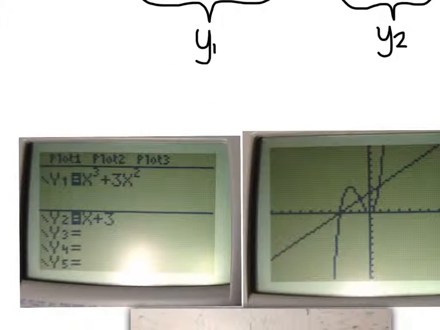If your window is crazy, remember you can always press zoom 6 and it'll get it back to the standard, the normal. Anyone need help getting it to here?